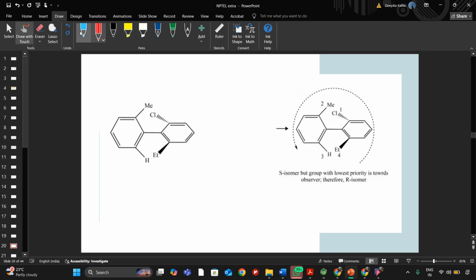Similarly, for this one, if we try to solve and we place our eye here, we're going to have 1, 2, 3, and 4. So it should be R isomer, but the fourth priority group is towards us.